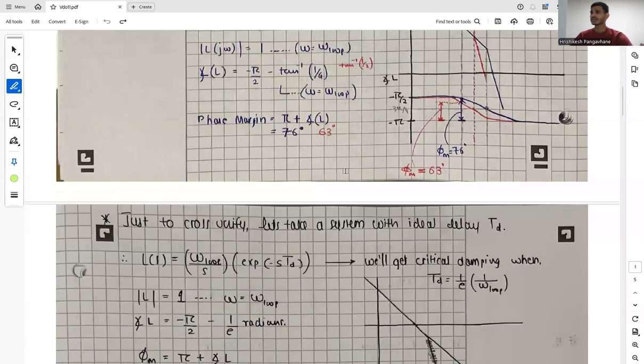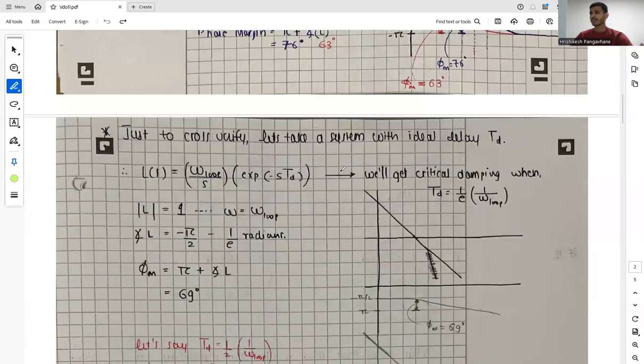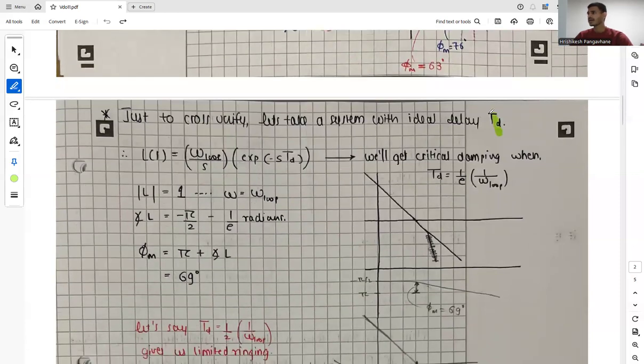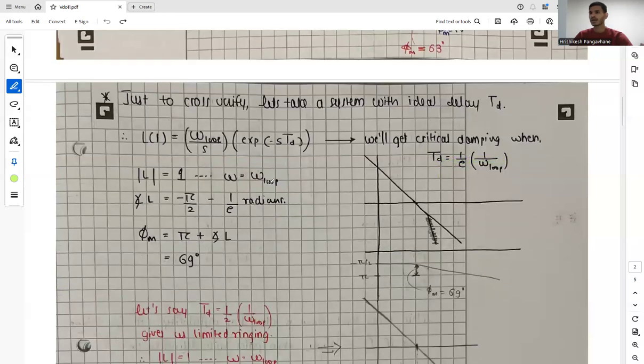So just to cross verify, let's take a system with ideal delay of TD. So we know the transfer function is omega loop by s times this factor, and using this we will get a critical damping when TD equals to 1 by e times 1 upon omega loop.